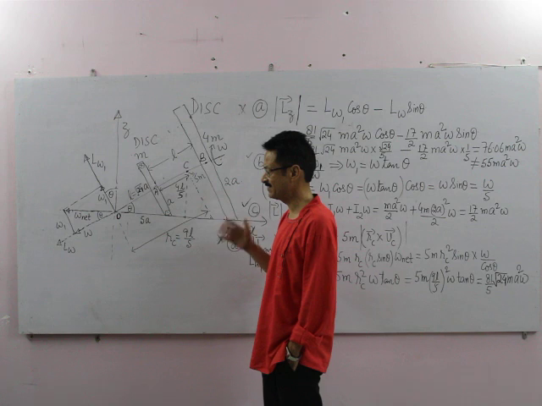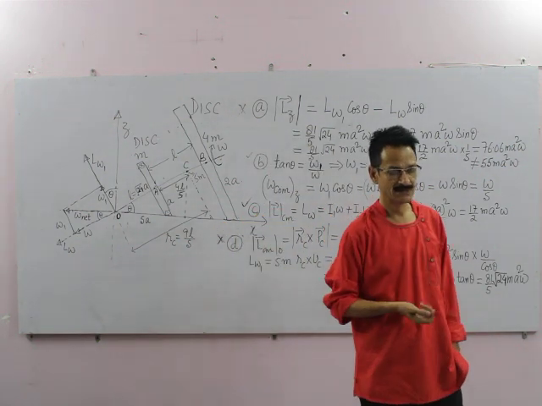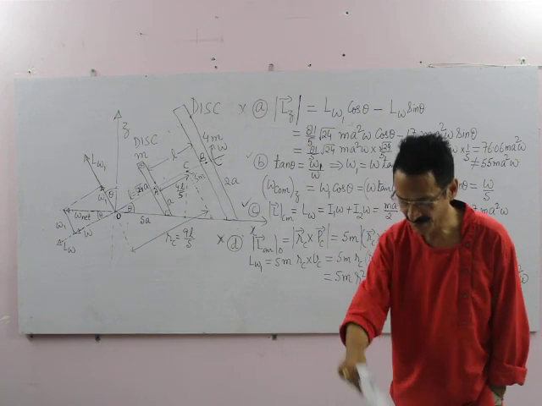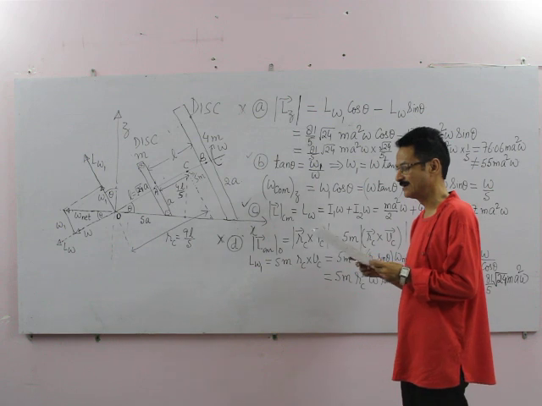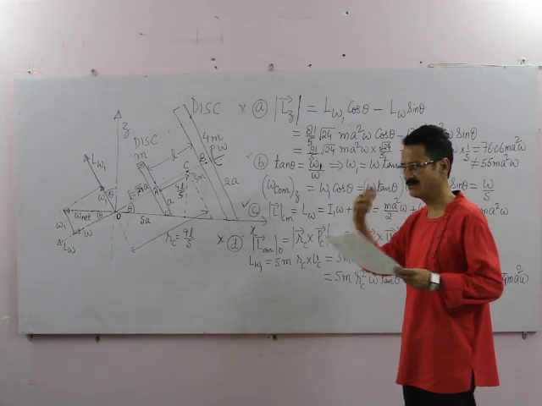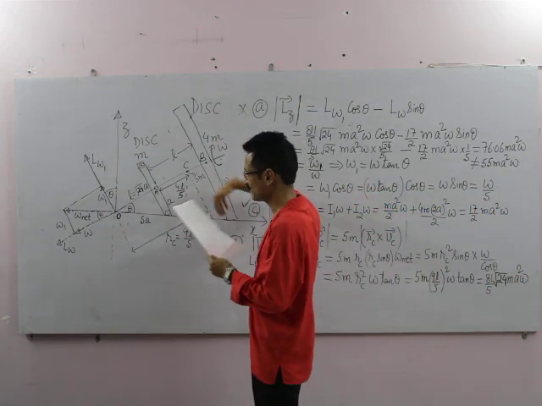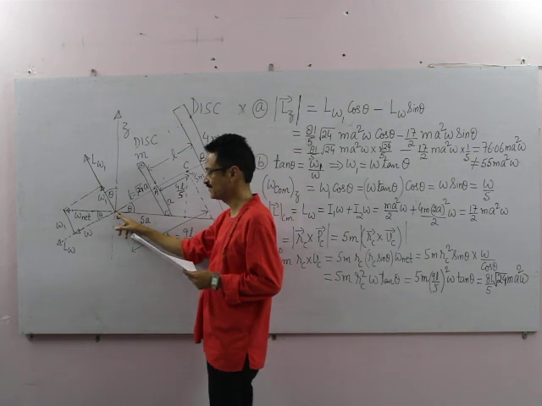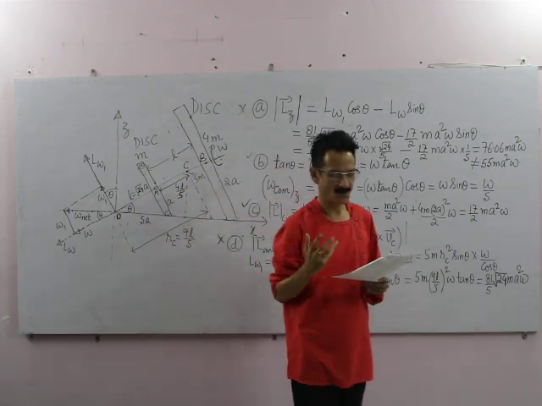Now they have given some options, and we have to pick the most appropriate ones. So I'll read the options. One of the options concerns the center of mass of the assembly. Also, it is given in the problem that the angular momentum of the entire assembly about this point O is the vector L. Now I'll read the options.